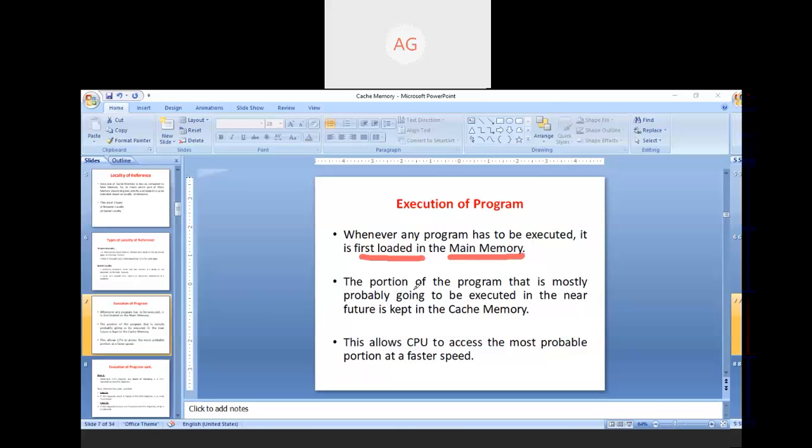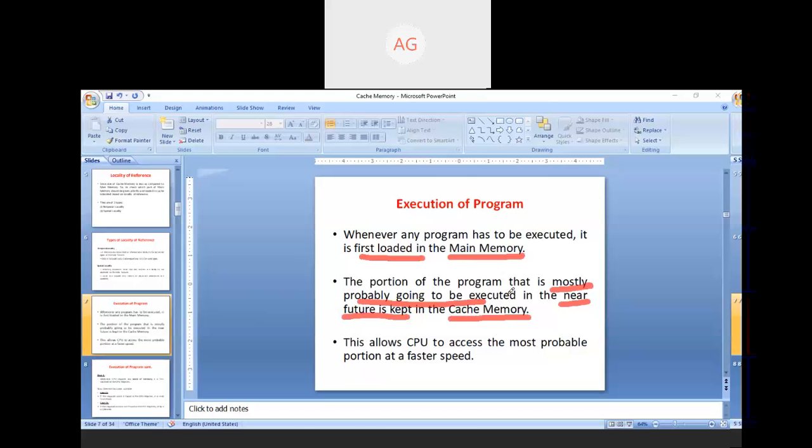The portion of the program that is most likely to be executed in the near future is kept in the cache memory. So the cache memory contains those programs which are likely to be executed more than once, that is, programs which are frequently executed.